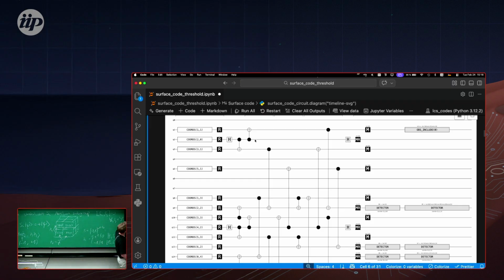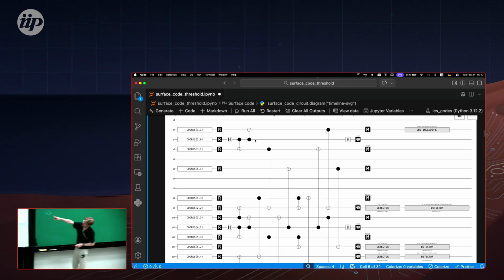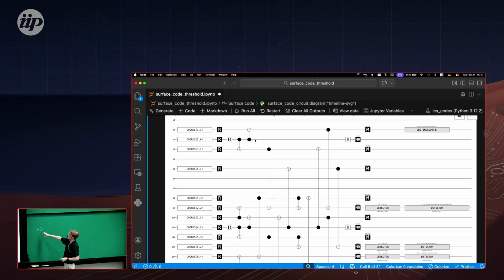This upper qubit we initialize in 0, we perform a Hadamard to put it to plus, and then we couple it to 2 qubits.